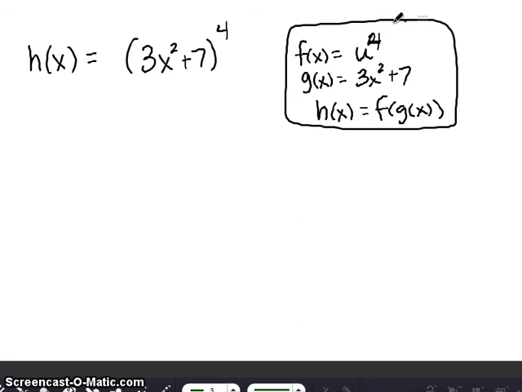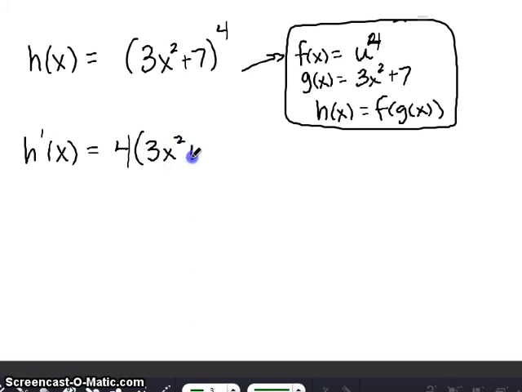So if we're thinking about h prime of x for the derivative, remember that our chain rule said take f prime first. So take the derivative of the outside function first. In our case here, the outside function is that quantity to the 4th power. So if all we saw was something to the 4th power, we know we would drop the 4 out front.